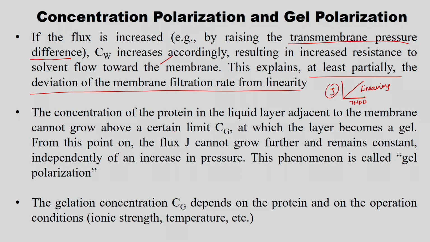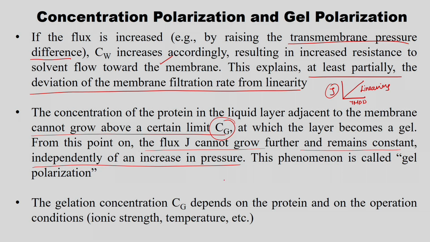The concentration of the protein in the liquid layer adjacent to the membrane cannot grow above the limit of Cg, which is nothing but the gel concentration, at which the layer becomes a gel. From this point on, the flux J cannot grow further and remains constant independently of an increase in pressure.